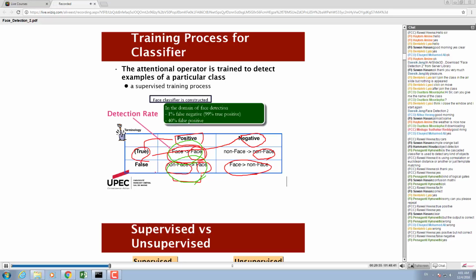If the classifier is showing the result of true positive a lot, it means it is a good system, because those are the correct answers. By the way, if the system is generating false positive a lot, what does that mean?